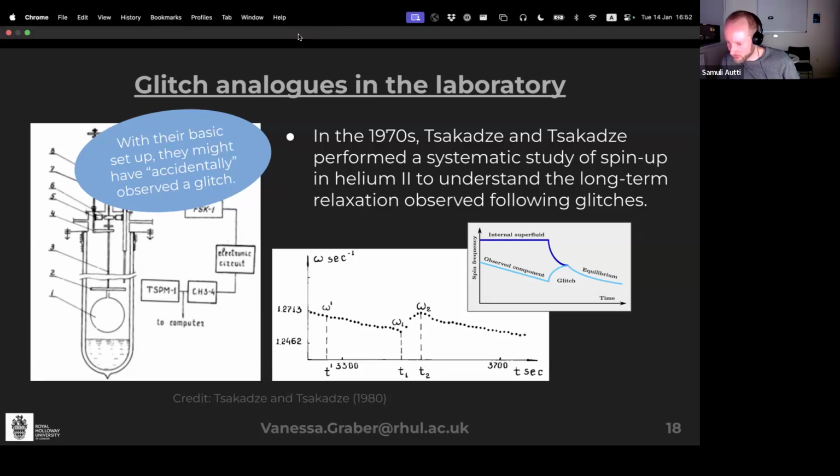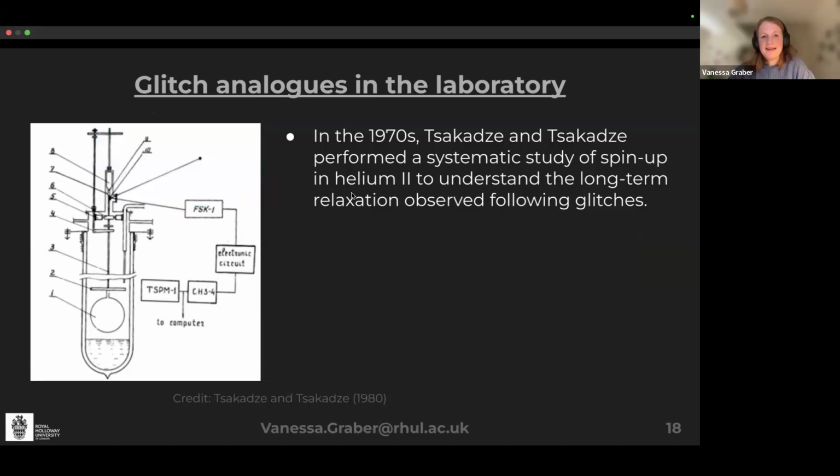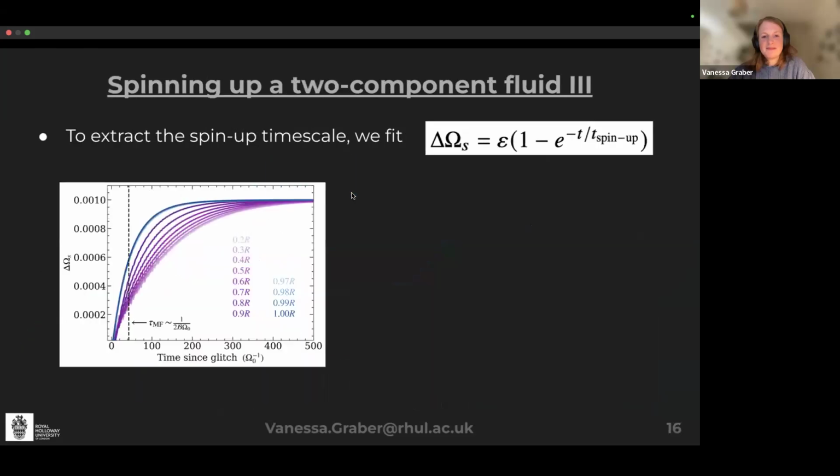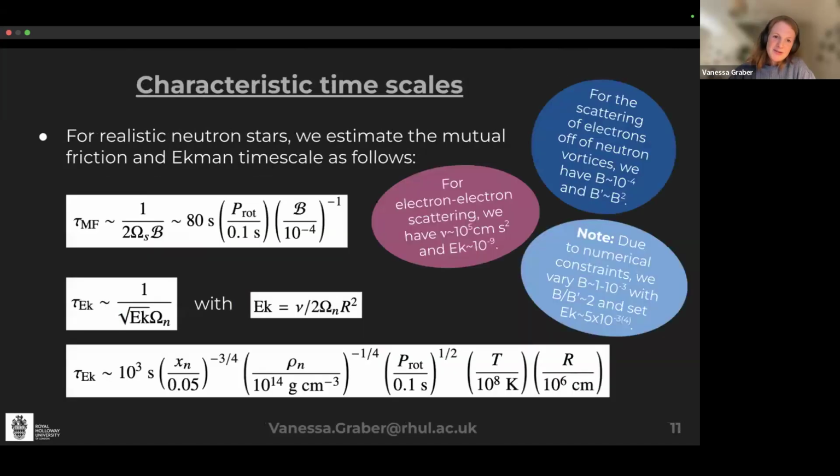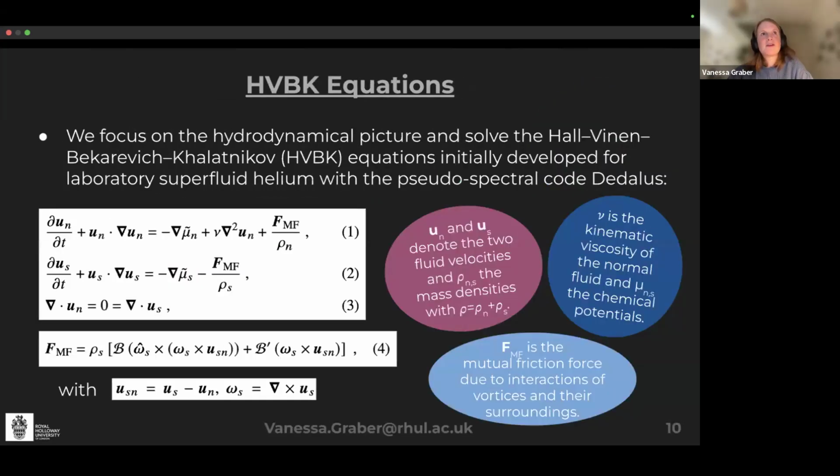So Omar's question is about the entrainment effect on all the Andreev-Bashkin effects. What would be the impact on the results shown? I don't know exactly what the impact on the results would be, as we haven't solved that, but we would have to go back to our HVBK equations.